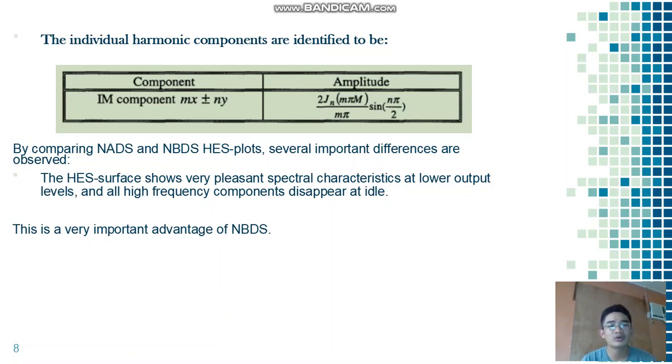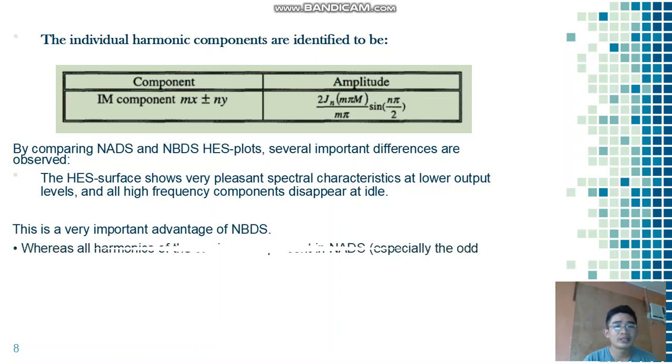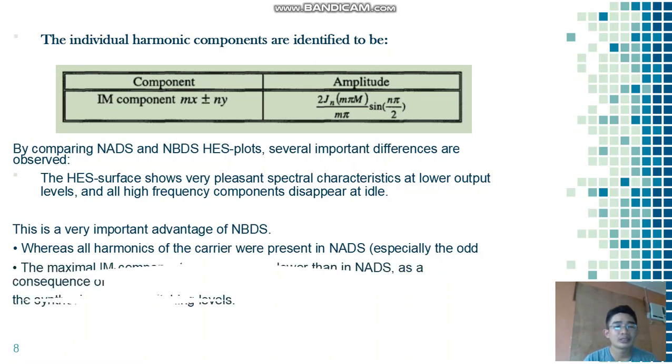The Hess surface shows very pleasant spectral characteristics, and the lower output level and the high frequency components disappear. This is a very important advantage of NBDS, whereas all harmonics of the carrier are present in NADS, especially the odd ones. Second, the maximal IM component amplitudes are lower than in NADS as a consequence of the synthesis of three switching levels.